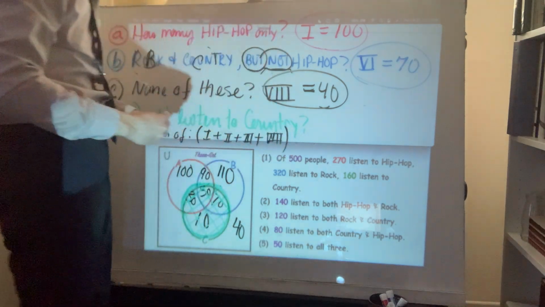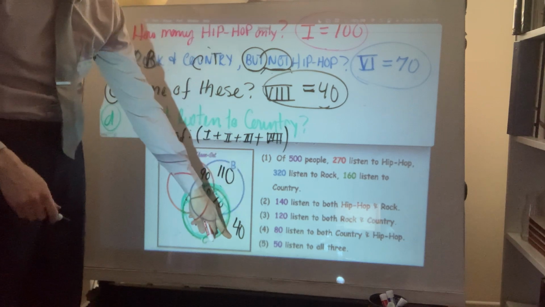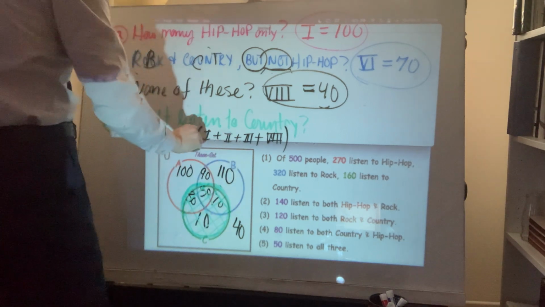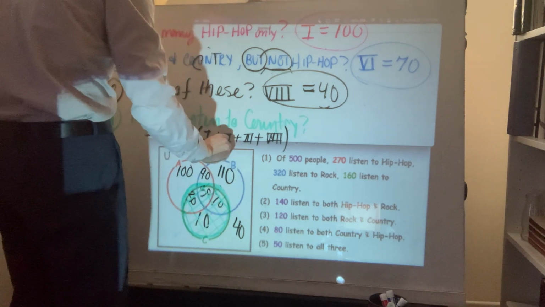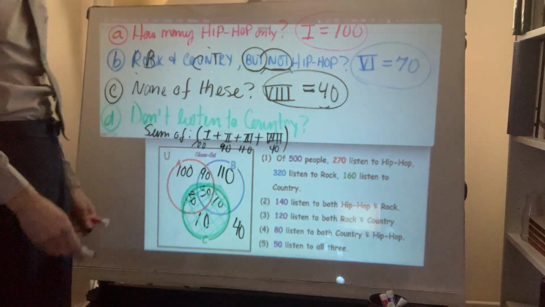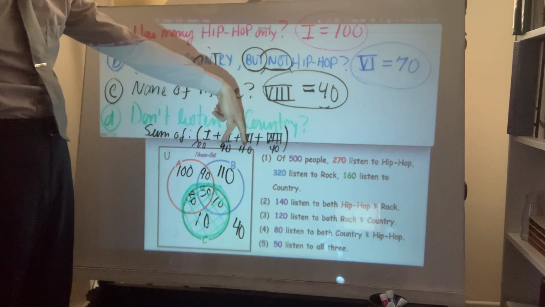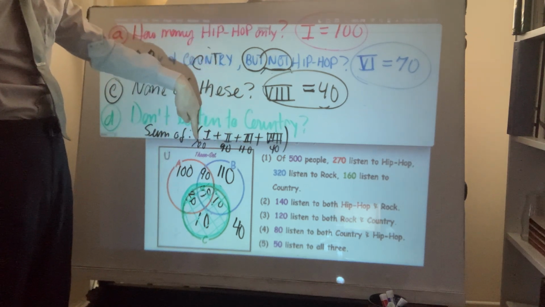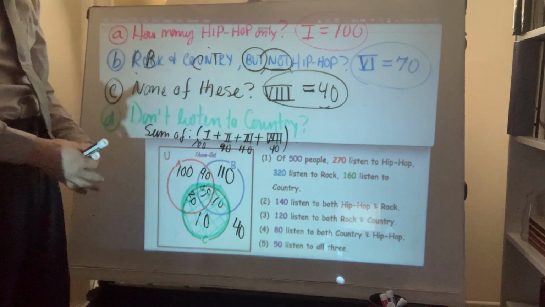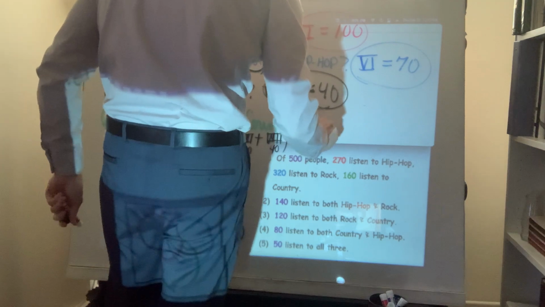Those numbers are 100, 90, 110, and 40. My crazy logic would be, the commutative property allows me to get away with it. That's 200. That's 300. That's 340. So this is equal to 340.